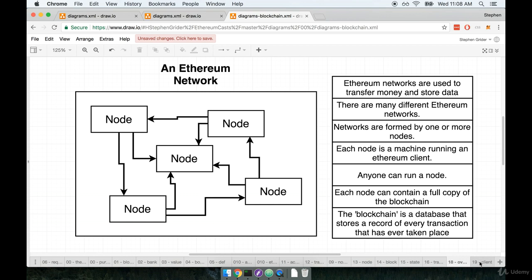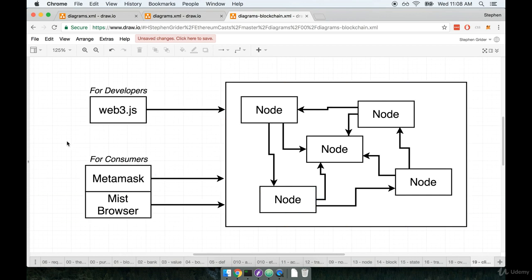In general, there's kind of two different groups of technologies that we need to be aware of for connecting to the network. The first is technologies that are used by developers, or essentially created for developers, like you and me. So this is going to be technologies that we use to create actual applications that talk to the network through code. For that, we're going to be making use of a library called Web3.js.